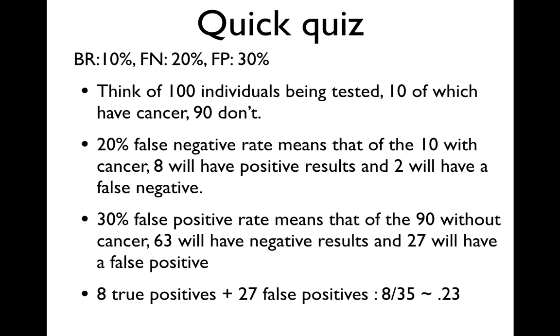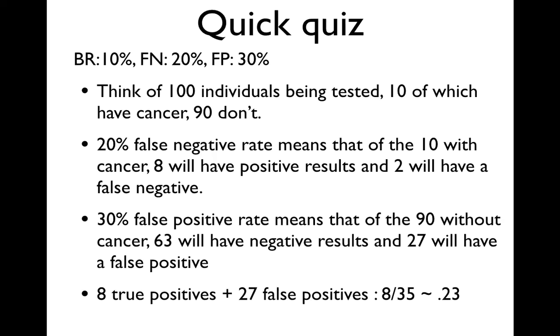So with this, how did you calculate all these numbers? Well, you just imagine. Think of 100 individuals. If you know the base rate is 10%, you can immediately say, okay, 10 of them have cancer and 90 don't.